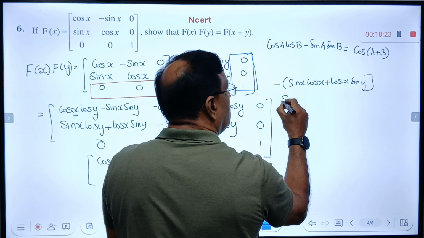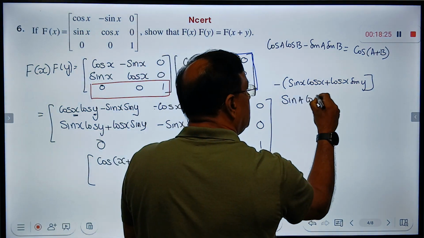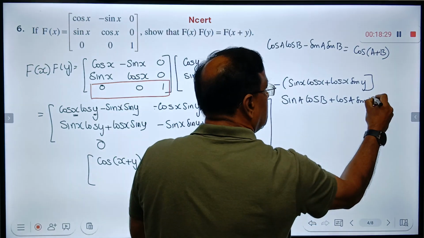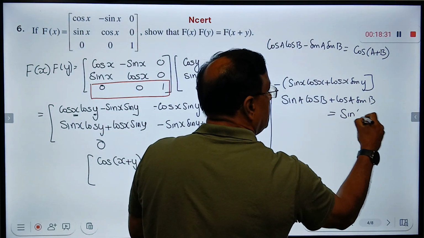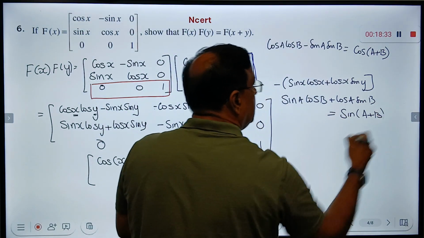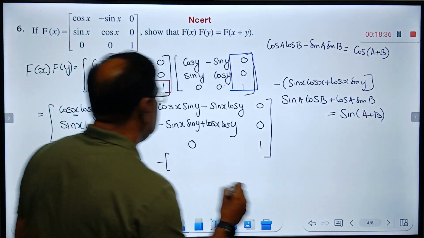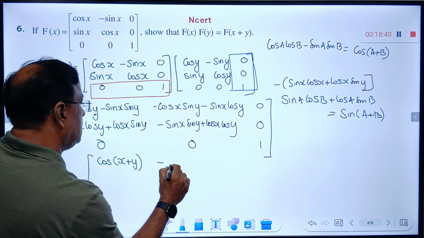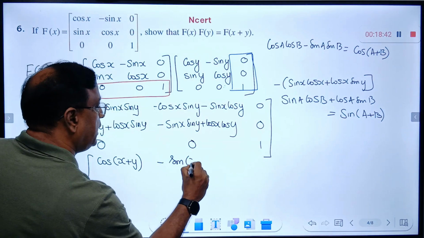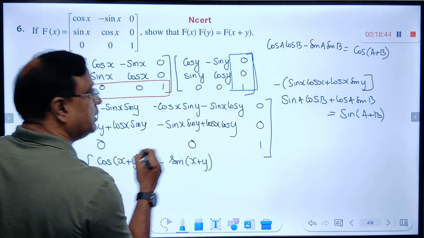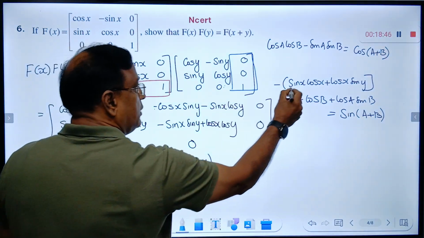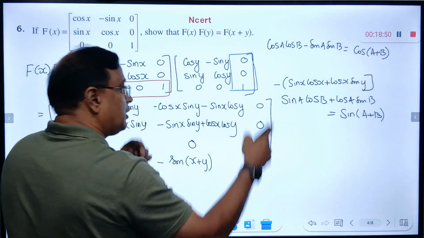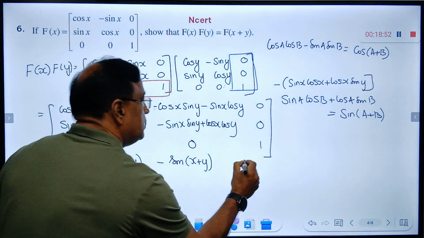Now you know this formula that sin A cos B plus cos A sin B is what? Sin of A plus B. Already there's a minus sign, so this will be sin of x plus y. Okay, you understood? See, I took minus out and it becomes sin A cos B plus cos A sin B. This is 0.